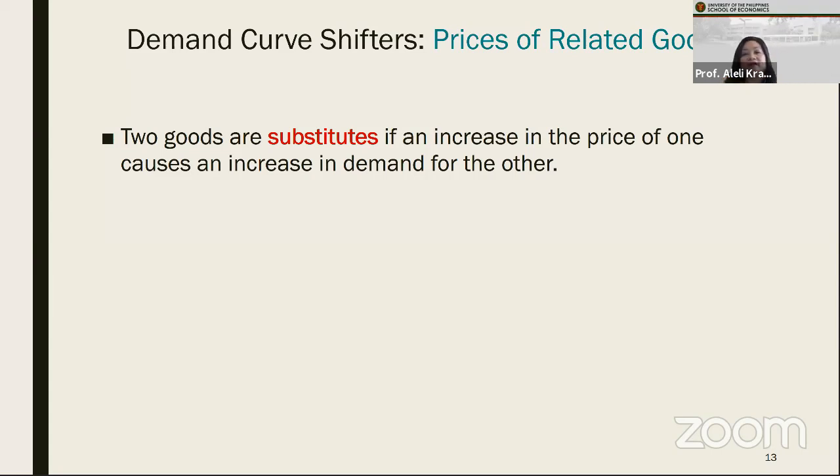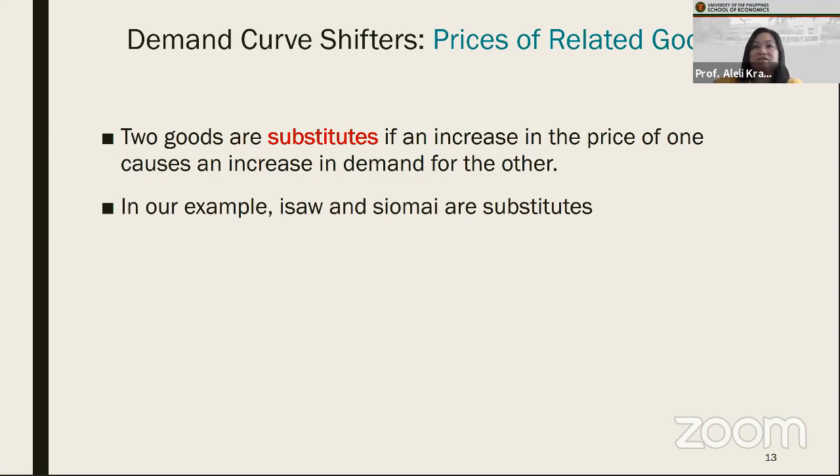Now, the other influence on demand, of course, is the prices of related goods. In here, we know that goods may have what we call substitutes. More formally, two goods are substitutes if an increase in the price of one leads to an increase in the demand for the other. Okay, so for instance, if we are looking at our example, which is shawmai, a kind of street food, a substitute good for that, a related good, is isaw.